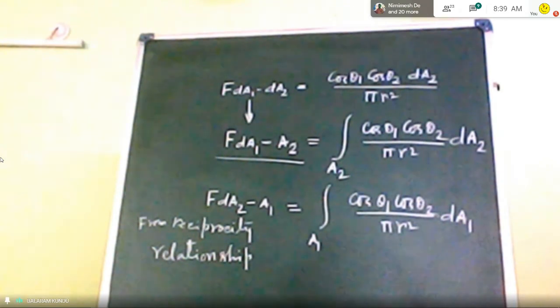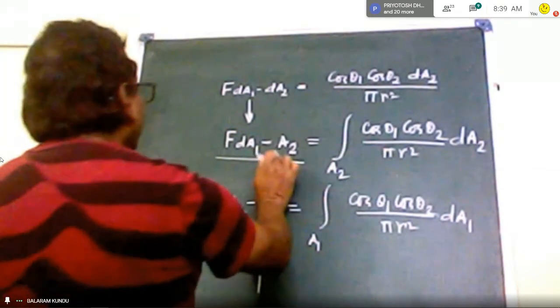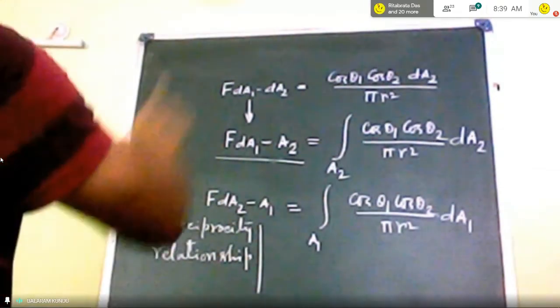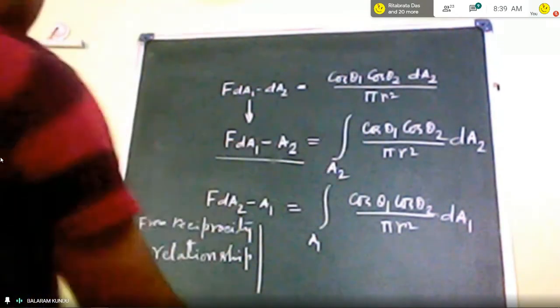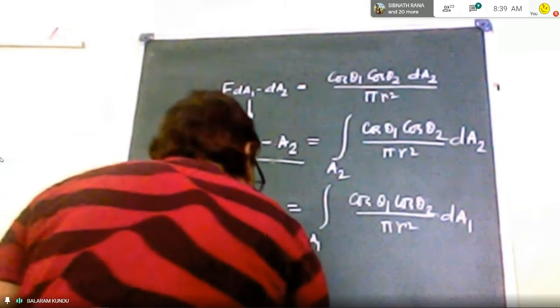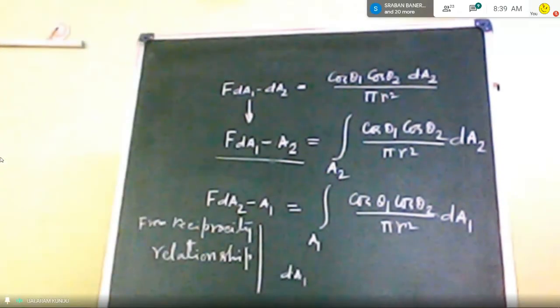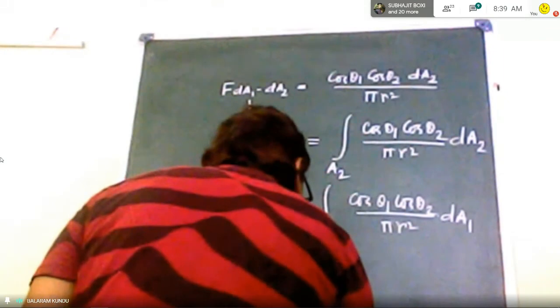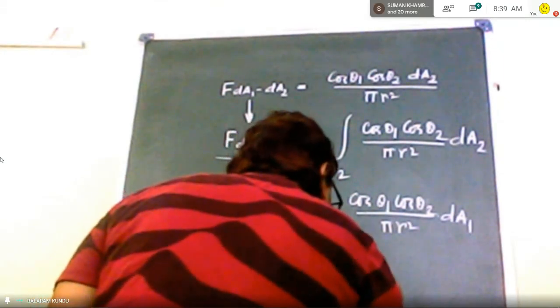we can here write, just use this shape factor expression. So F dA1 to A2, we can write here, so dA1 multiplication factor, or we have to consider the area dA1 into shape factor F dA1 to A2.